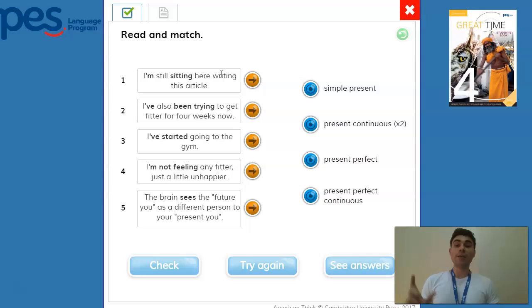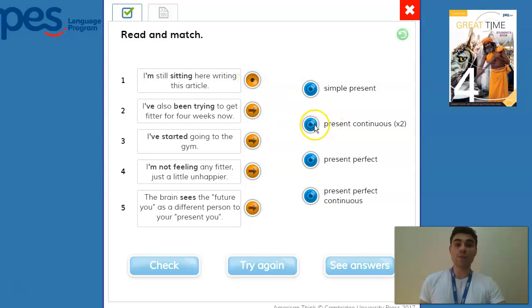The first one is the form, right? So what is the form? The words that we can see over there. So here we can check that we have I am, the verb to be, plus a verb, sit, and the ing form. Thinking about just the form, we can see that this is a present continuous situation, right?